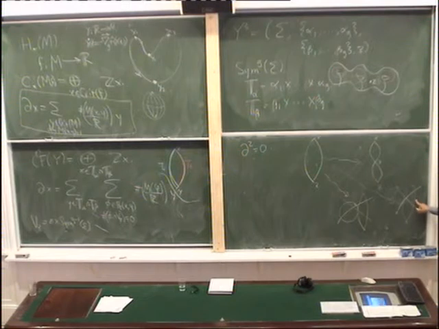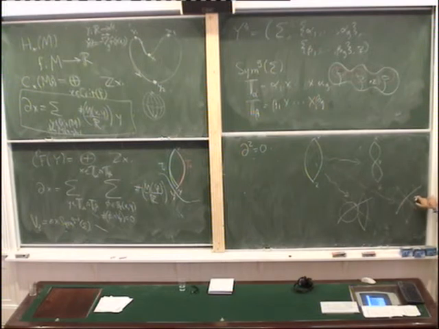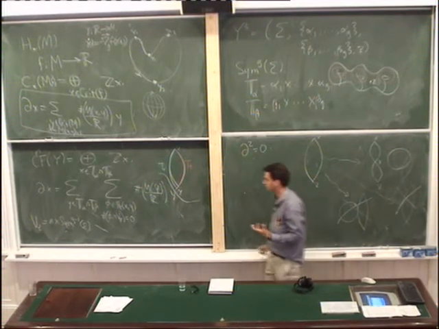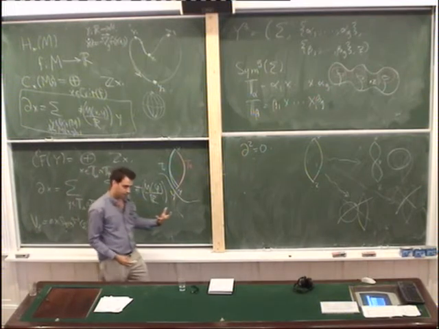Should I just say that again? So suppose that I have a sequence of holomorphic disks. Suppose they bubble off a sphere somewhere in the middle. That is to say, I have a one-parameter family of holomorphic disks, and in the end they limit to a holomorphic sphere and a holomorphic disk which meet at a point. Then just consider the holomorphic sphere alone. On the one hand, its intersection number with Vz must be equal to 0.